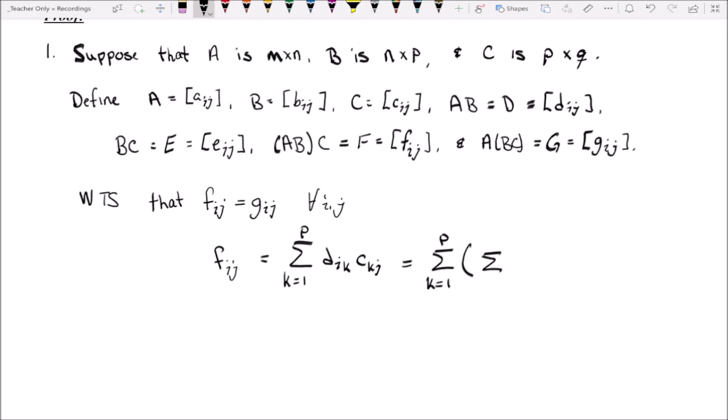is also a sum. This will be the sum, let's say r equals 1 to n, and it's A times B, right? So it's air times brj. And then that sum is going to be multiplied by that ckj.